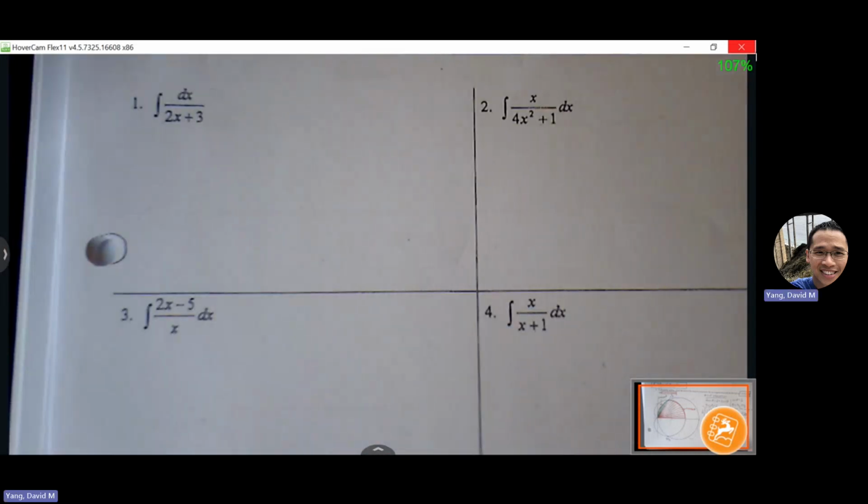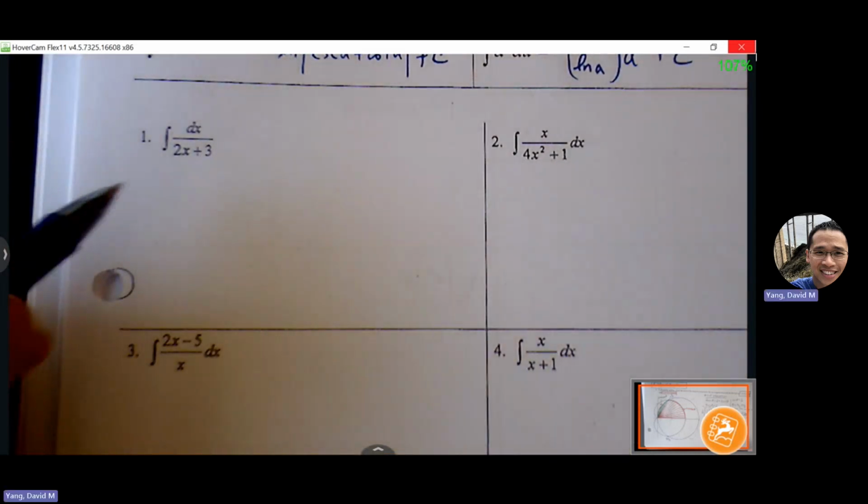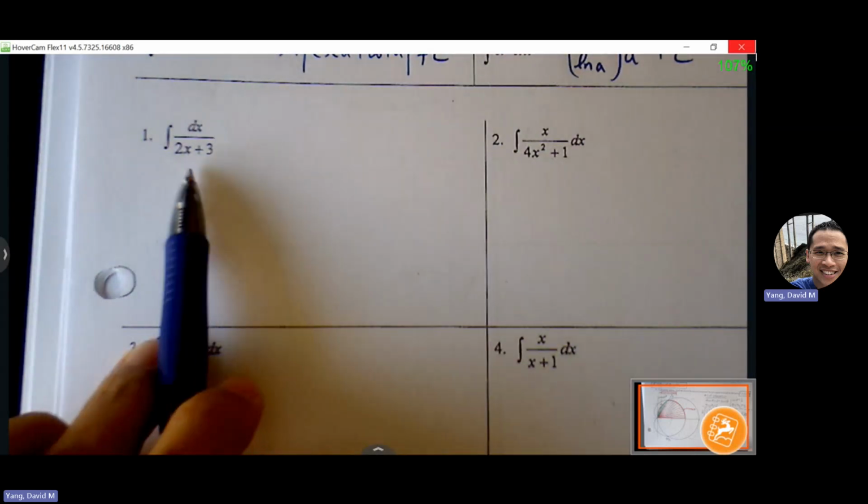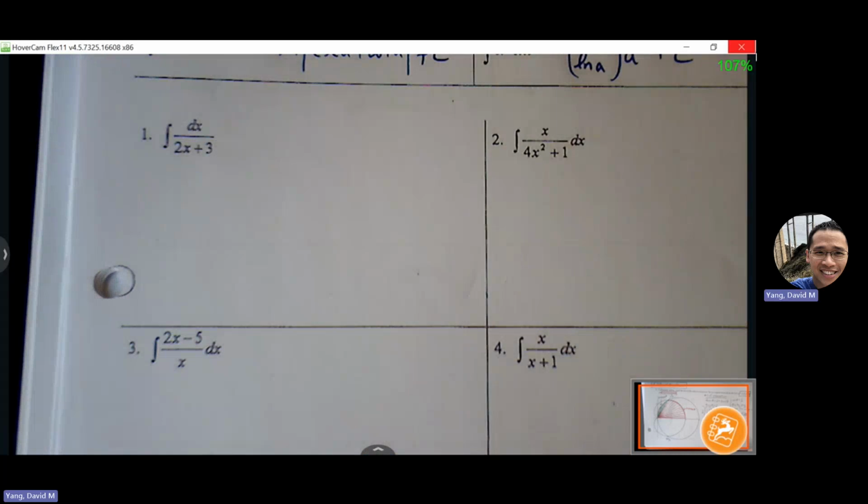All right, so number 1, 1 over 2x plus 3. I always want to go down my list of options here, and my first option should be power rule expansion, but there are too many terms in the denominator. I'm stuck in this form, so I have to look at u substitution. What could be our u value?